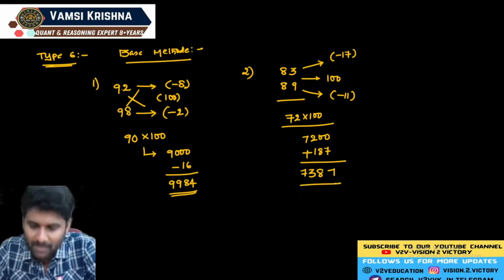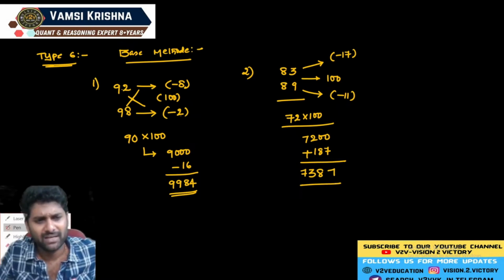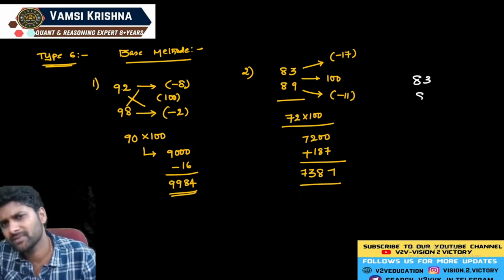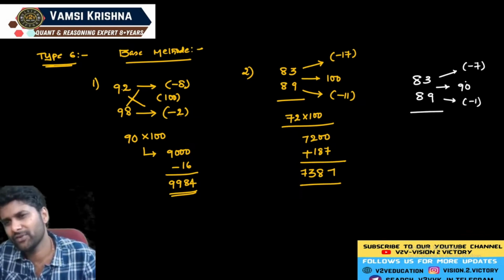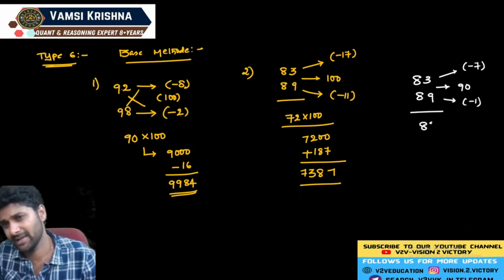Base method, guys. Still, instead of 100, you can take 90, no issues. Then you might have a doubt in your mind. If you take 90, then 81 is minus 9 units, or less, and 89 is minus 1 unit. Now if you go through that, 81 minus 1, or 89 minus 9, the value becomes 80.